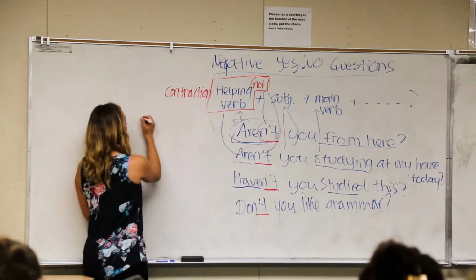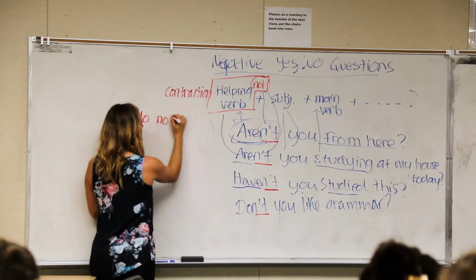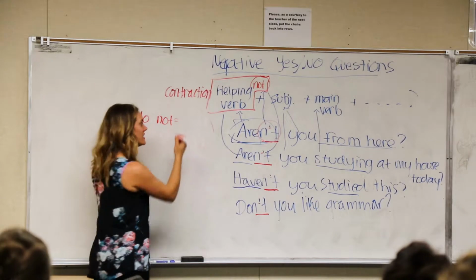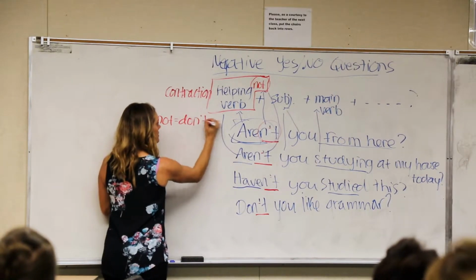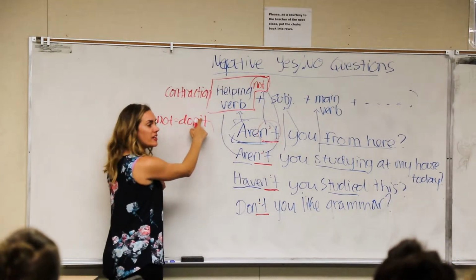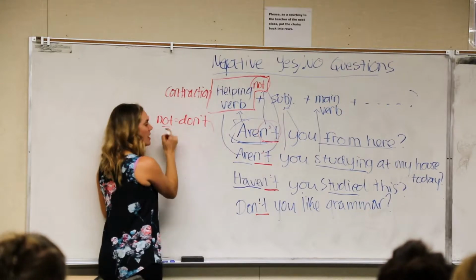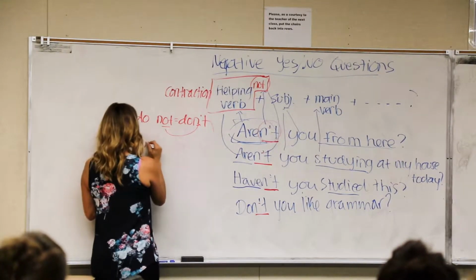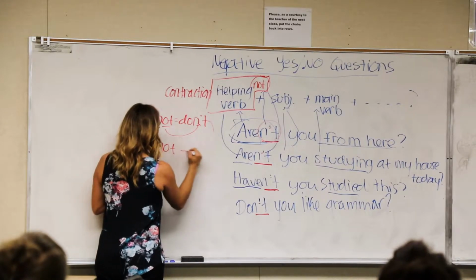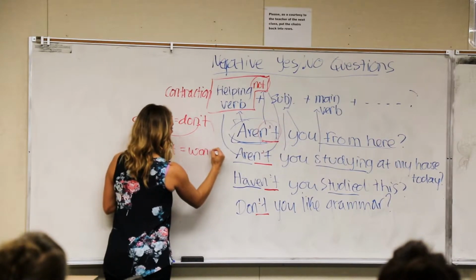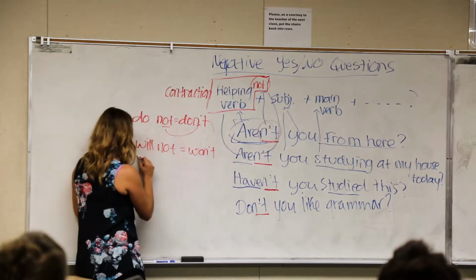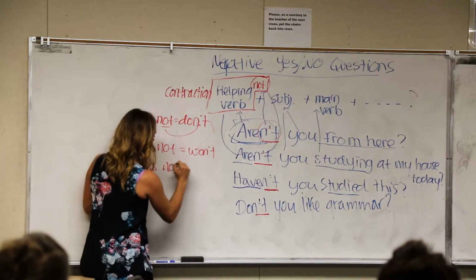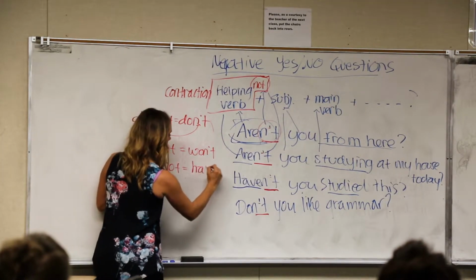So when I want to say do not, it becomes don't. The apostrophe represents a missing letter. When I want to say will not, it becomes won't. When I want to say has not, it becomes hasn't.